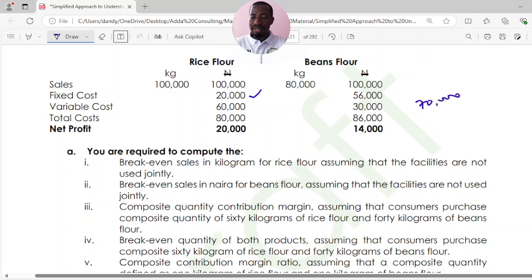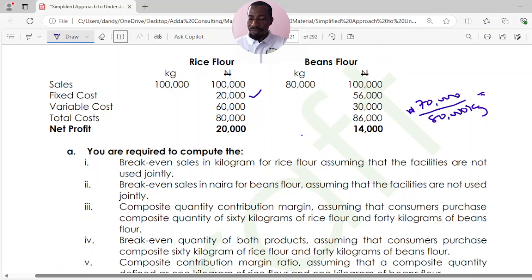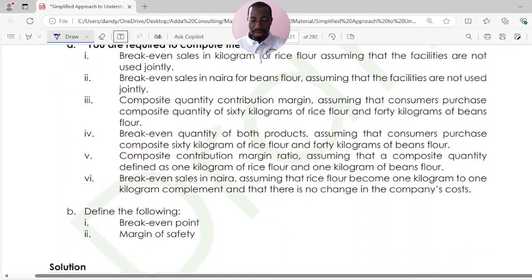Once I have this 70,000, I need to divide it by the activity level of 80,000 kilogram. This will produce 70 divided by 80, that's 0.875. This represents the contribution margin per unit.